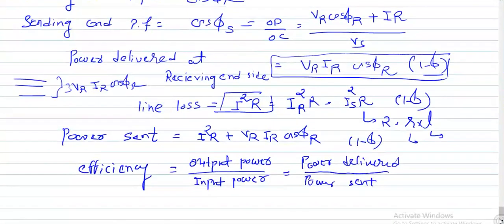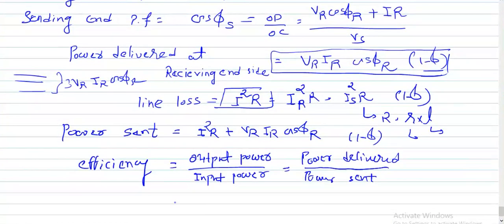The equation for power delivered we have already calculated: for a single phase line, it is VR IR cos phi r. The input power, the sent power, is VR IR cos phi r plus the line loss, that is I squared R.